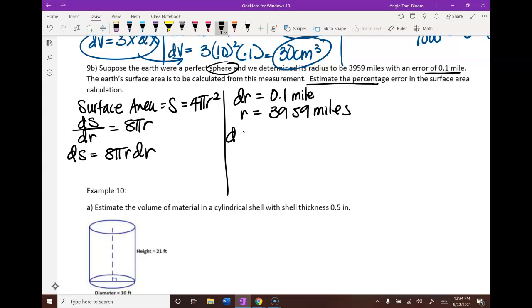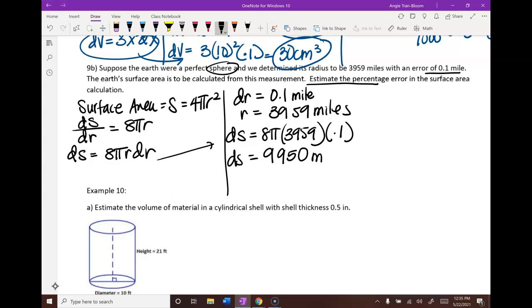So for the change in surface area, we're going to use this formula, which is 8 times pi, radius is 3959, the change in radius is 0.1. We are going to bust out my calculator. This is going to give me 9950, and then surface area, so miles squared.